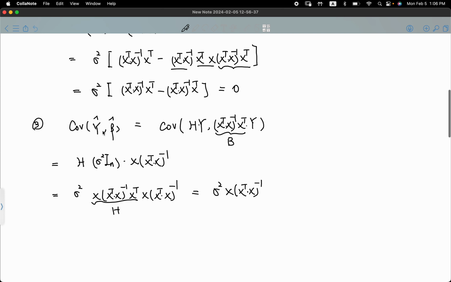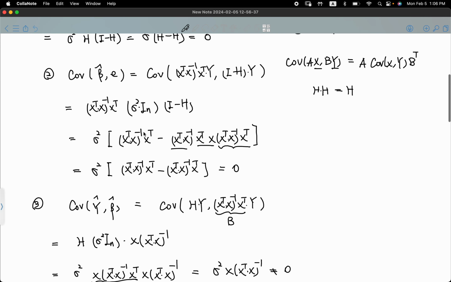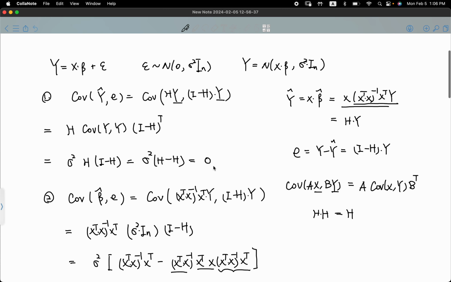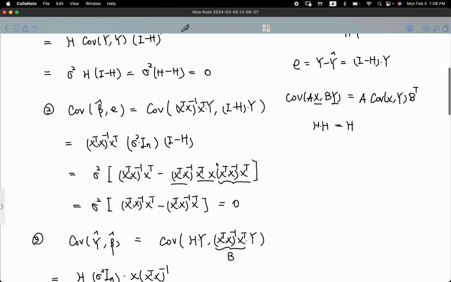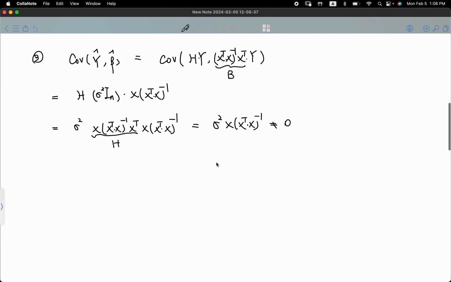But the covariance of your estimated prediction and your estimated coefficient is not 0. Okay, so here are just 3 equations that we can comment on. And later, we will use some of the relationships here to proceed with our analysis.